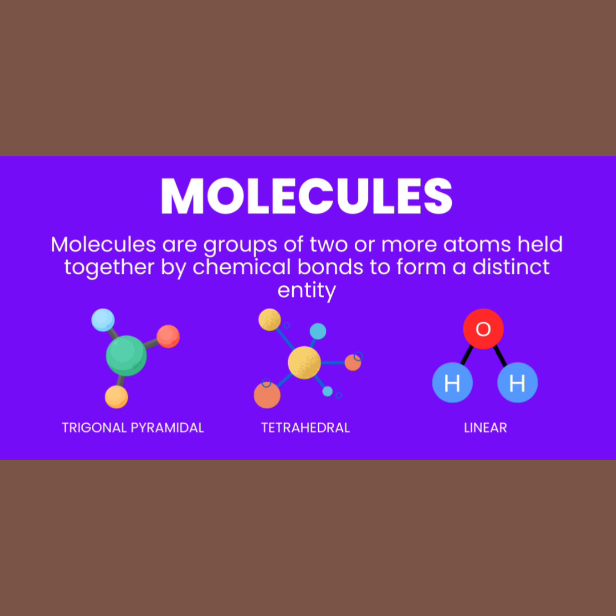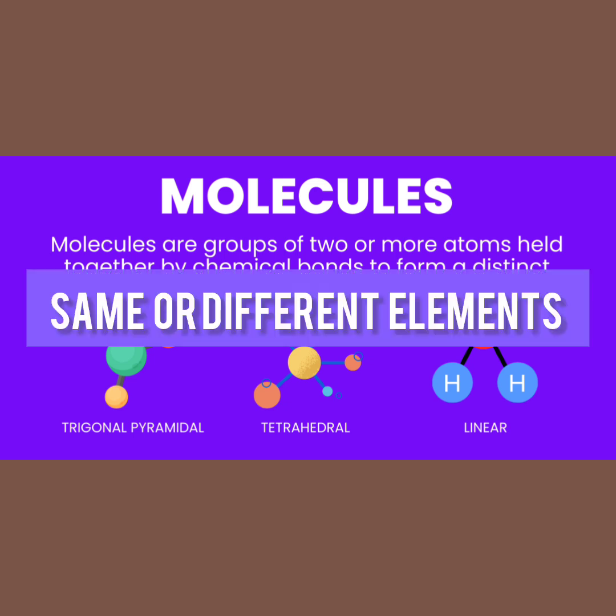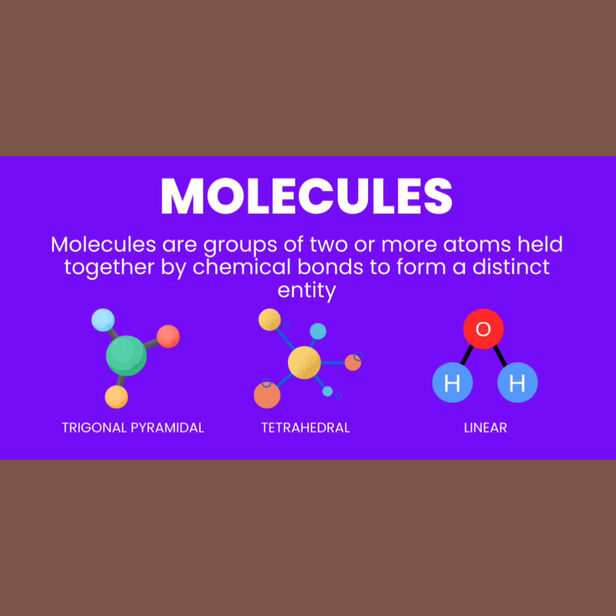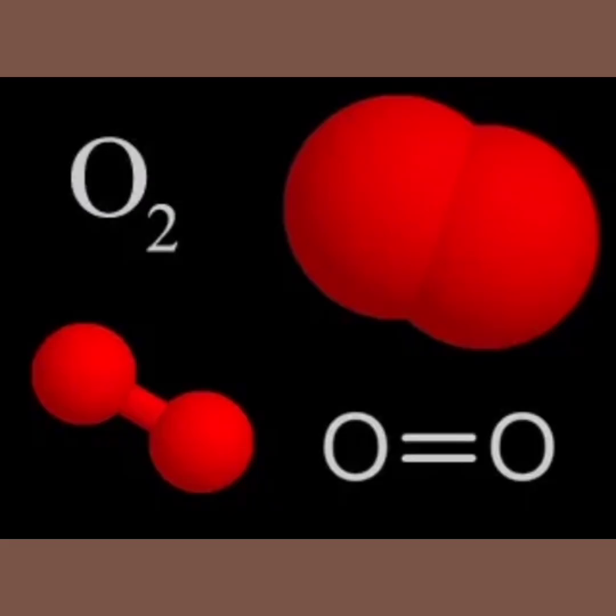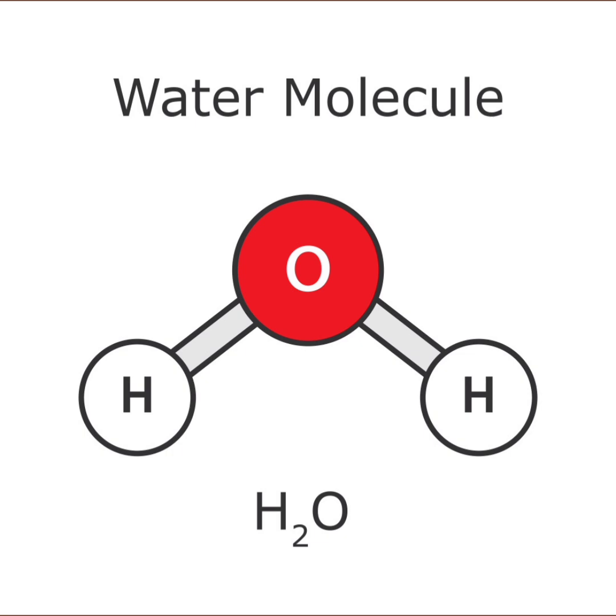Note this: these atoms can be of the same element or of different elements. Same elements, like oxygen gas, O2, made of two atoms of the same oxygen element. Or it can be of two different atoms, like hydrogen and oxygen combined together to form water, H2O.